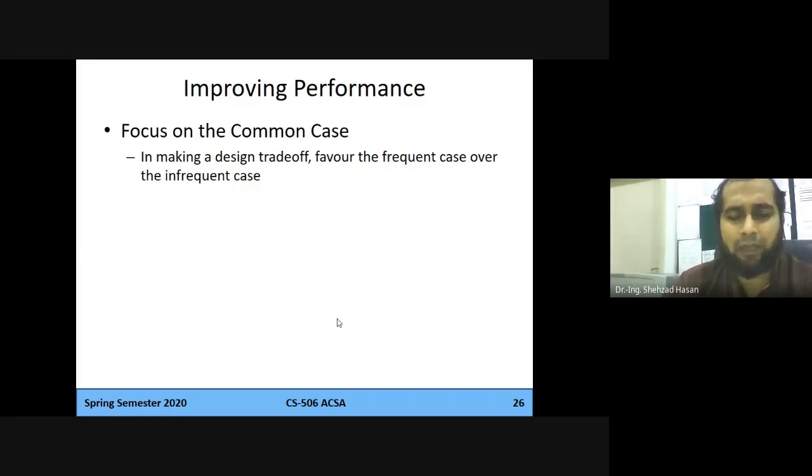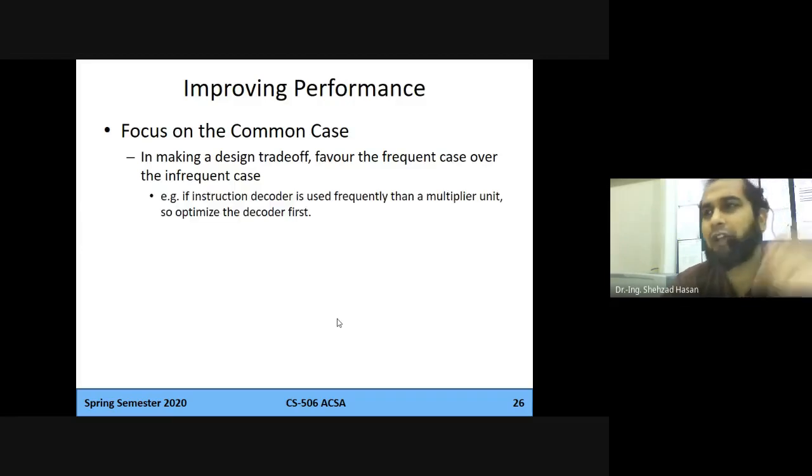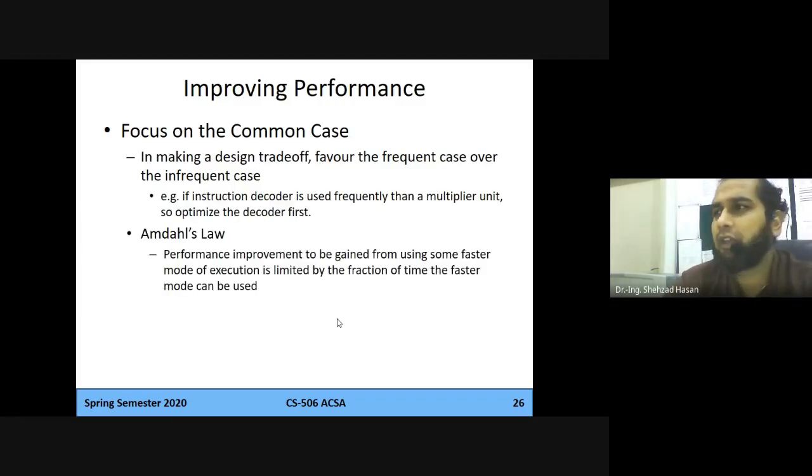So the frequent case here would be the decoder. So if you improve the performance of the decoder, that's going to give you better benefits than you would get for a multiplier, right? So that's another way of improving performance, that you can go for improving the common case.